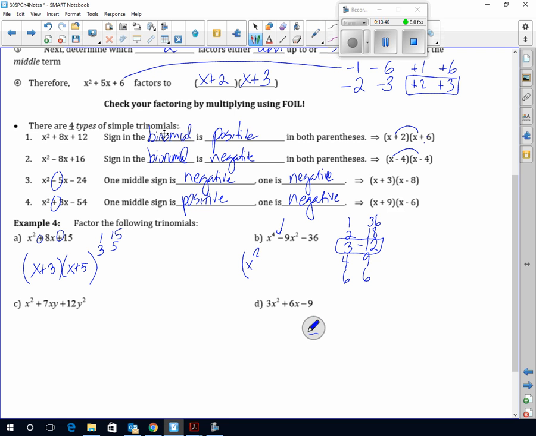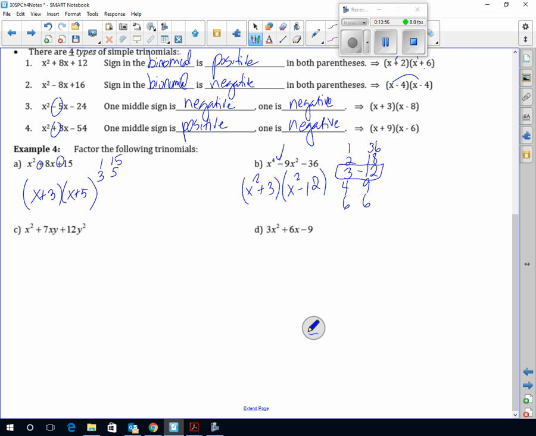Okay, next one up. Factors of 12. 1 and 12, 2 and 6, 3 and 4. Bingo, bango. Everybody see this is a nice, easy one. 3 and 4. Comes out right there. So just watch. You have x's and y's in there, right? So x plus 3y.